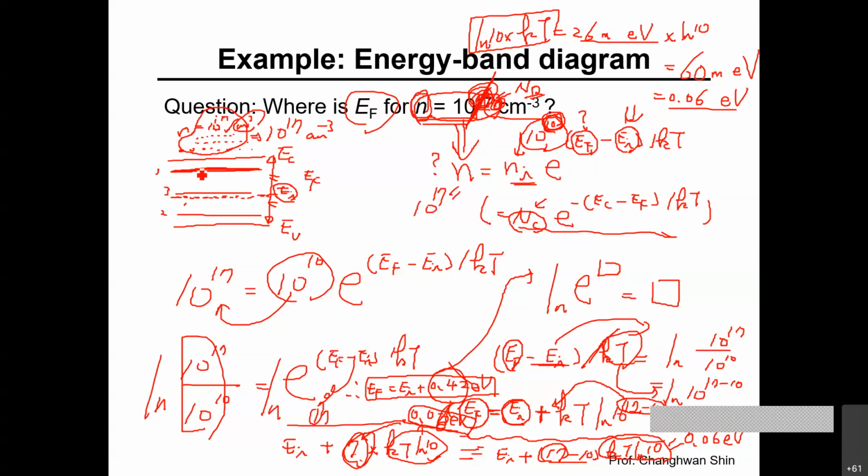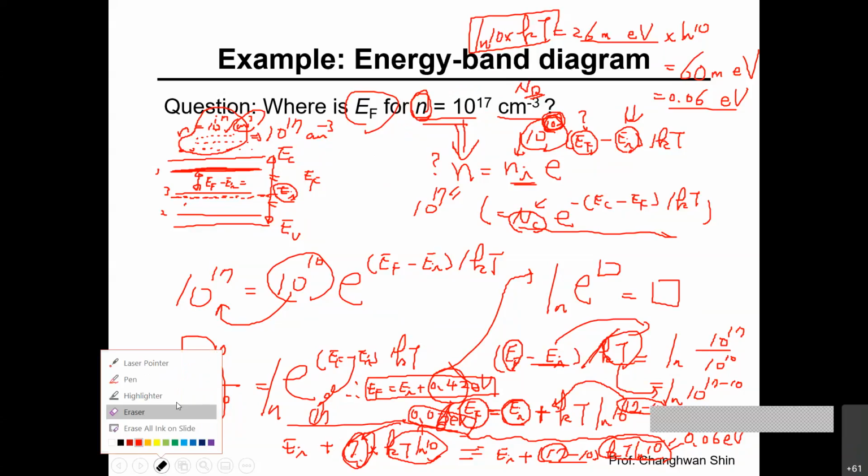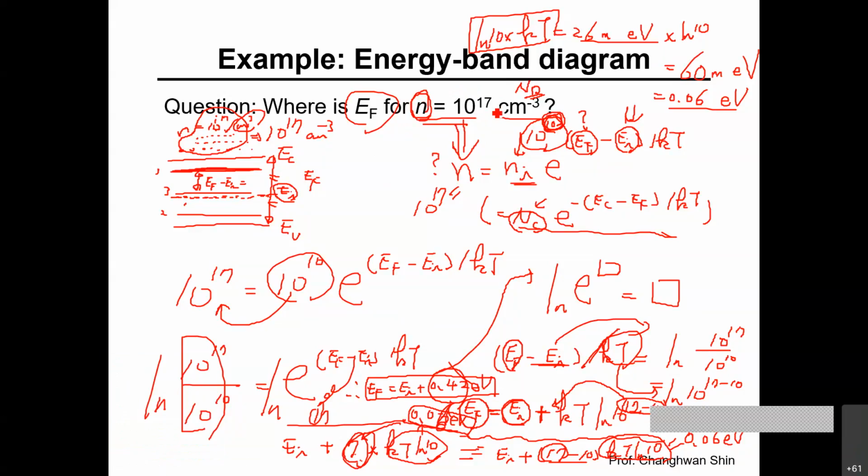Here, and the energy difference EF minus EI is equal to what? From this number, take the 7. 7 times what? 0.06 electron volt.